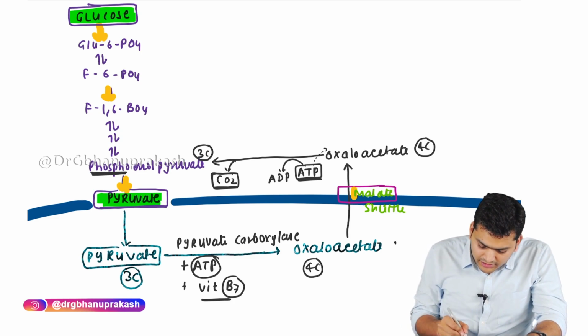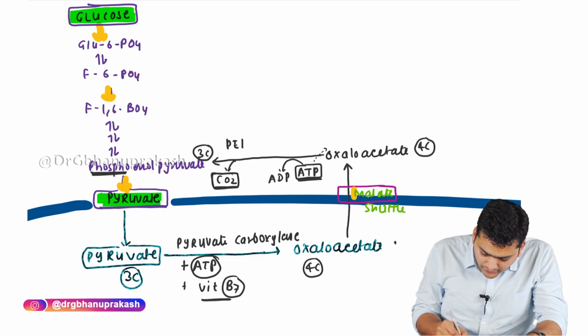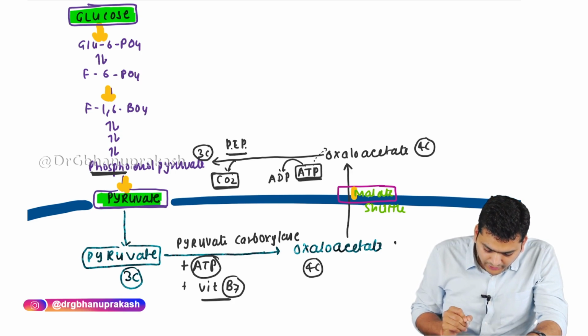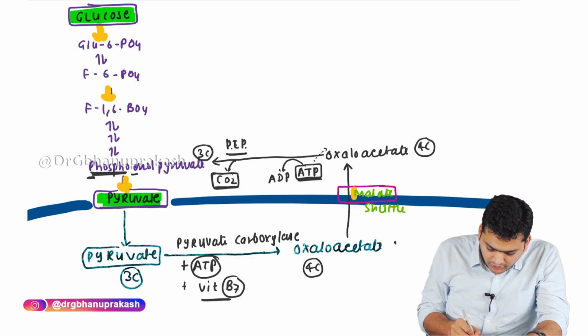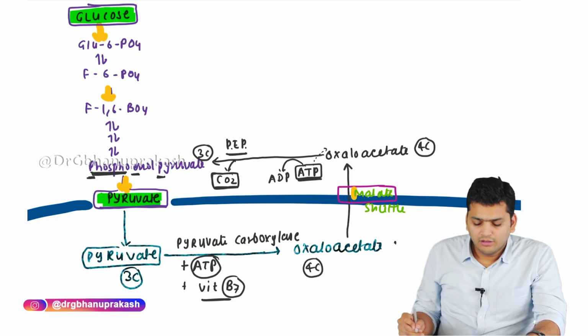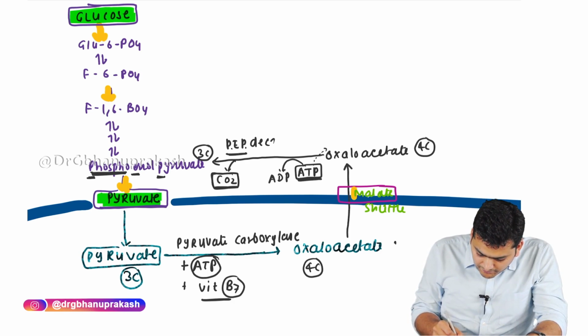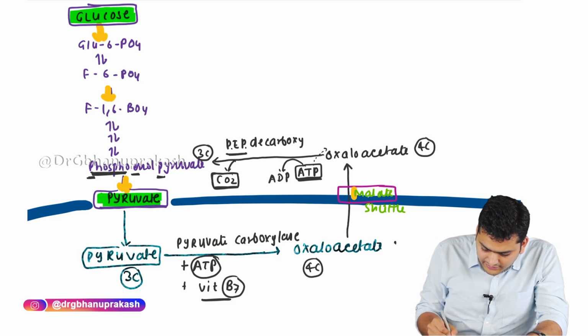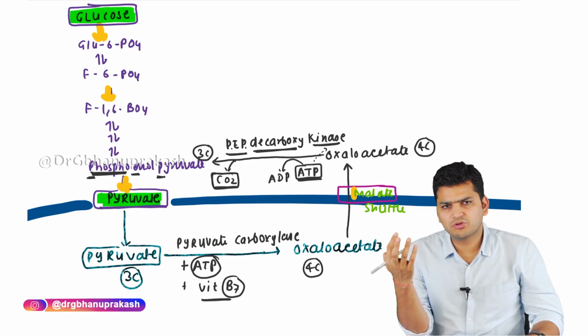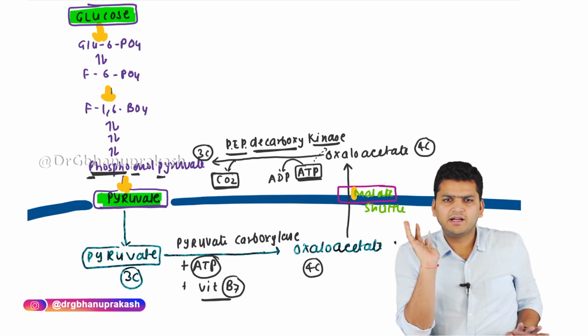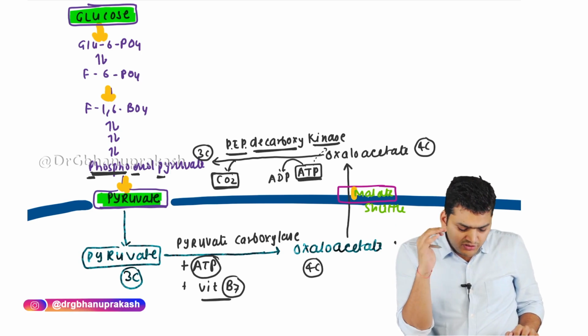So the name of the enzyme is phosphoenol pyruvate, PEP, decarboxykinase, because we are doing the decarboxylation and transferring the phosphate group. But it is a misnomer.